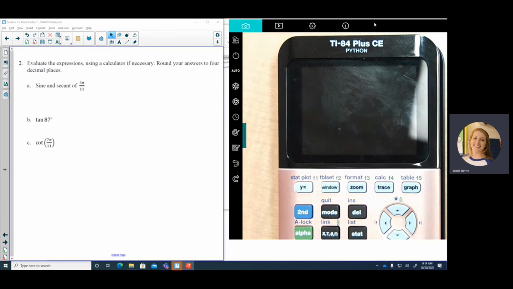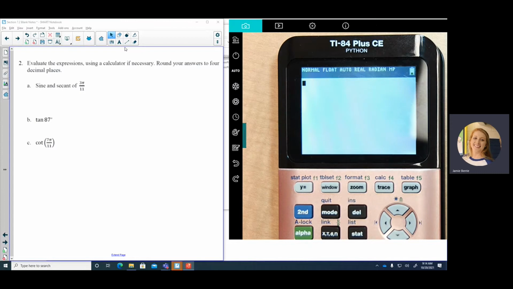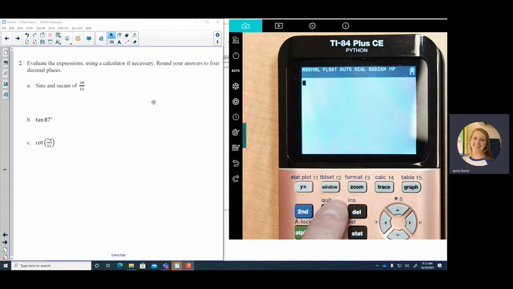All right, so part A says evaluate sine of 3 pi over 11. So 3 pi over 11, that's in radians. So you want to make sure that you're in radian mode. You can see right here, I am in radian mode. If you're not, you could just hit the mode button and then change yourself over to either radians or degrees, whatever you need to be in. In this case, we need to be in radians.